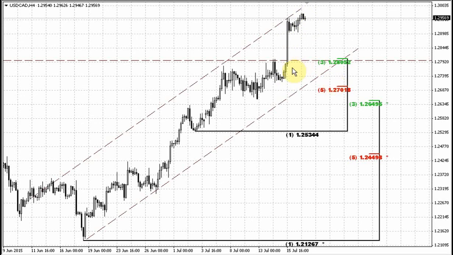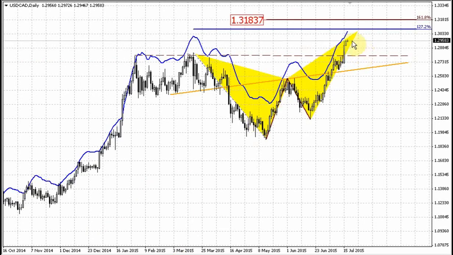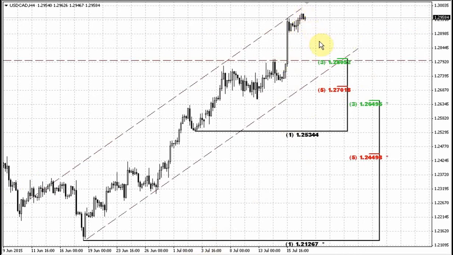That would not be quite logical in the current situation and in the current technical picture that we have on the Canadian dollar. That being said, we expect mostly continuation to the targets that we have on the daily chart. If any retracements happen, they will probably be very small.